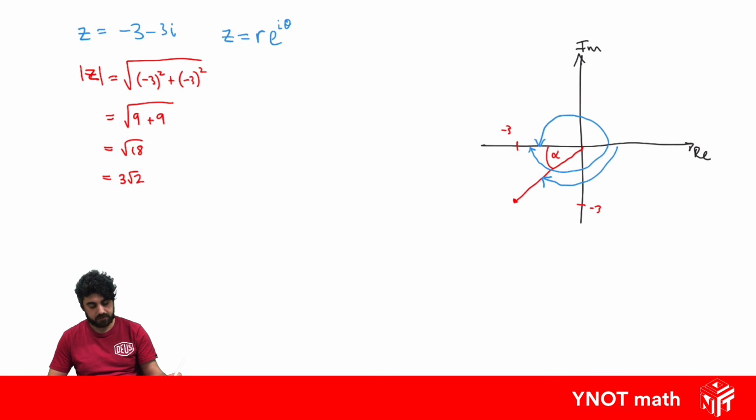We can do that by just taking the inverse tan of our opposite side, which is 3, over our adjacent side, which is also 3. So we just get the inverse tan of 1, which is pi on 4.